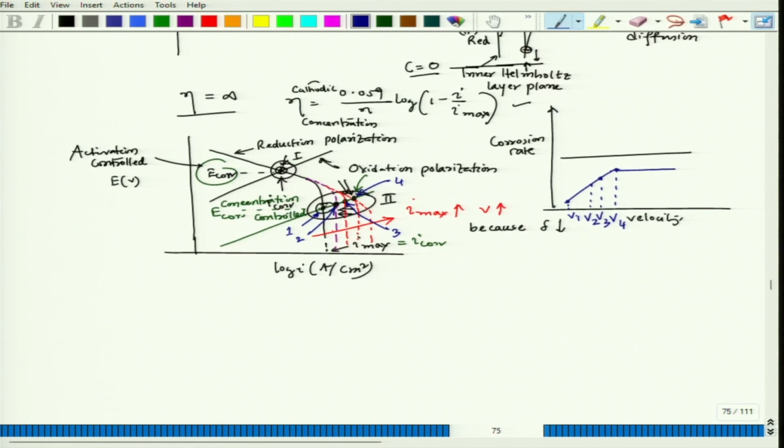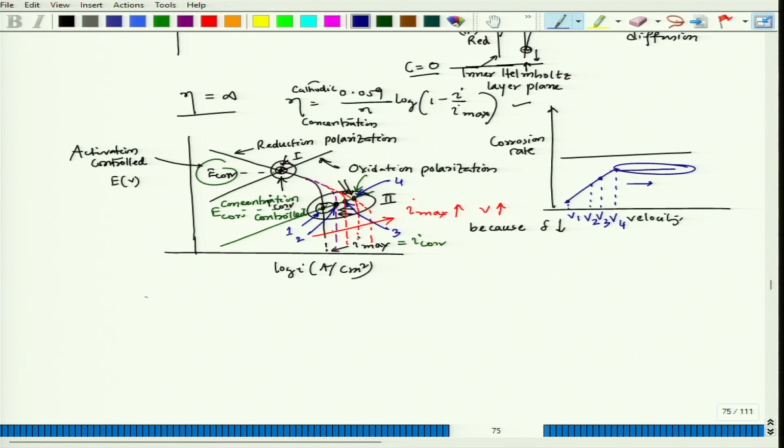So, with the increase in velocity, we gradually increase the corrosion rate because of this typical interaction, shown in the mixed potential plot, and then on further increase the corrosion rate remains constant. So, these two behaviors we can notice.